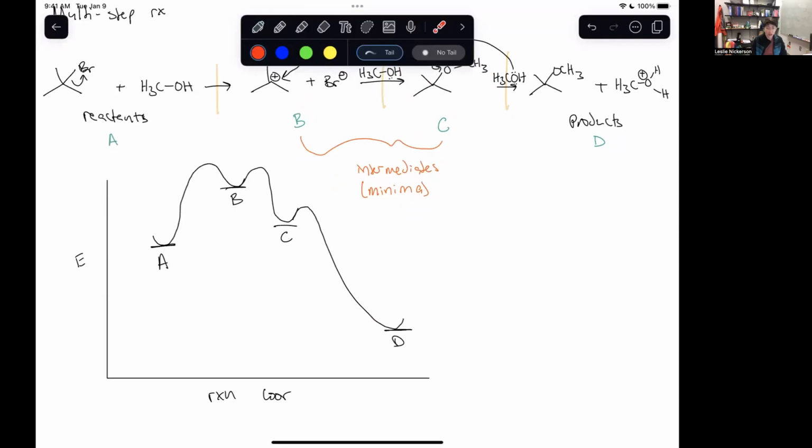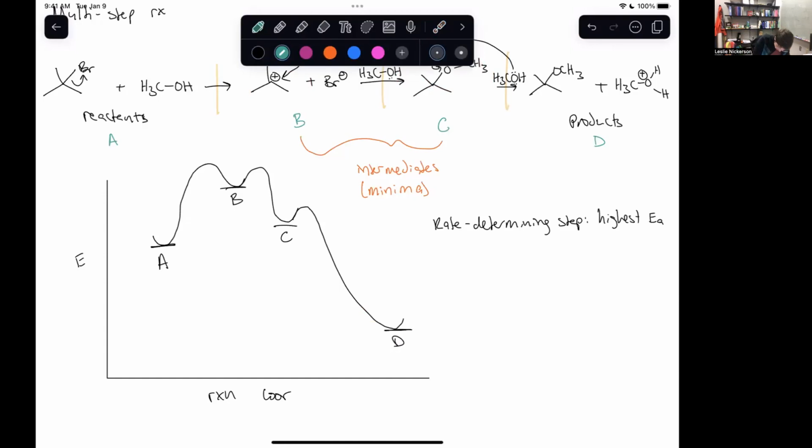So when you're trying to determine the rate determining step, you're really looking at the thing with the highest energy of activation. Because if we're thinking about rates, we're thinking about kinetics, we're thinking about energy of activation.